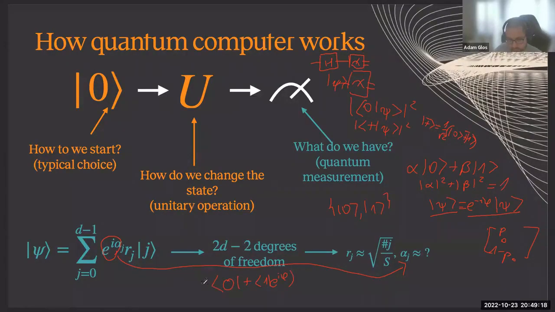But if we have this kind of state, with just normalization here, then we have 1 plus, sorry, because I need to square later.